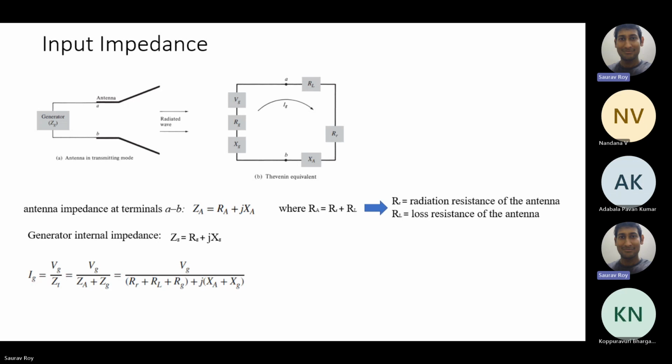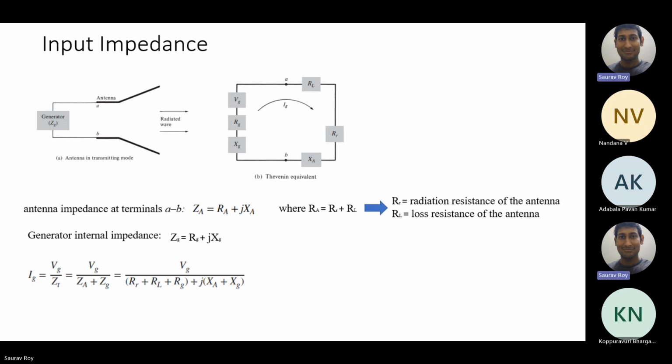This radiation resistance is the most vital part, because it models the amount of loss that happens in the antenna because of radiation. So RR is the part relevant for radiation. And XA is the amount of inductance or capacitance the antenna provides at its terminals.